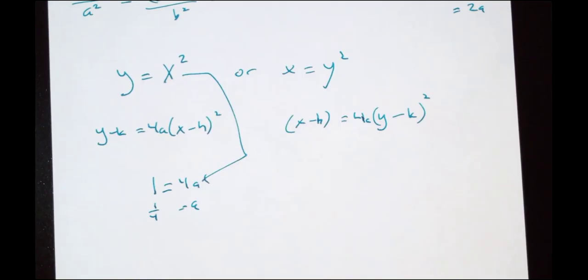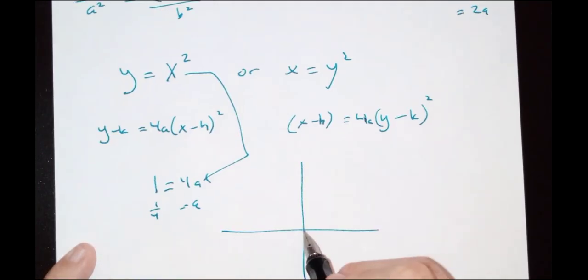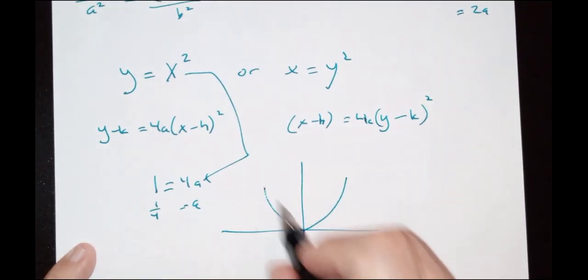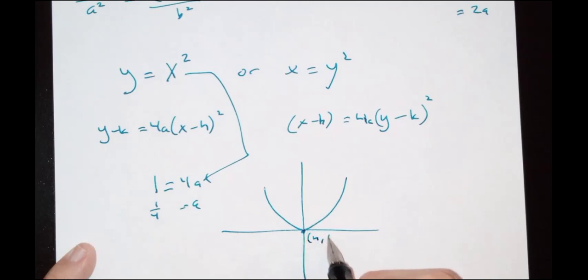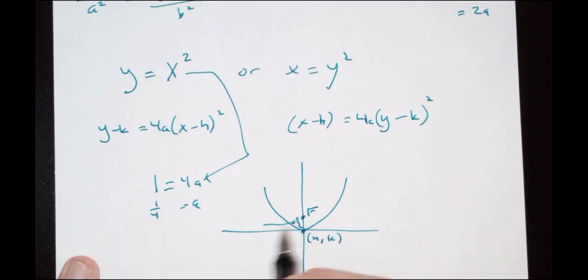What does that number mean? Well, that number means the focus of my parabola is that far away from the center. This number a represents that distance.